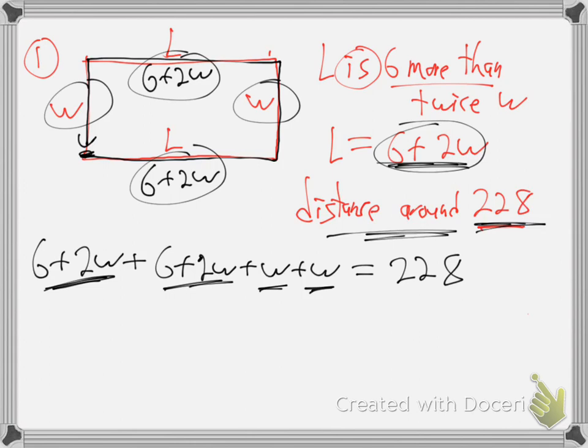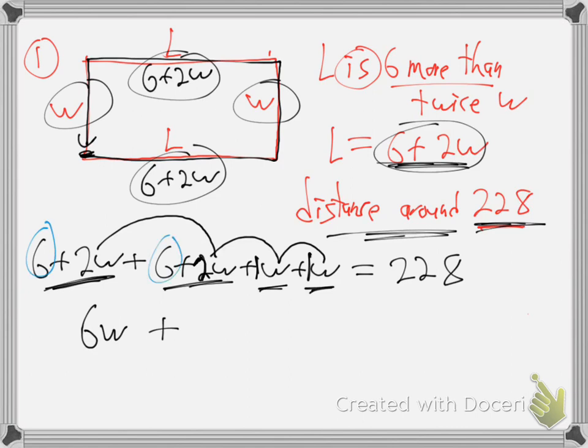Yeah. So there's these W's, like terms, right? 2W, 2W, 1W, 1W adds up to be 6W, right? We good? 6W plus, and then what else is there? 12.